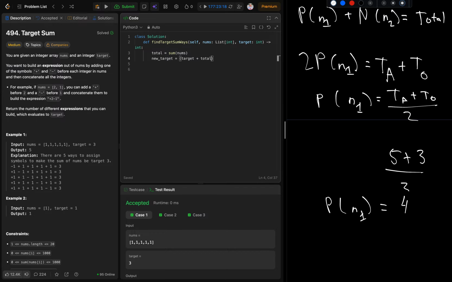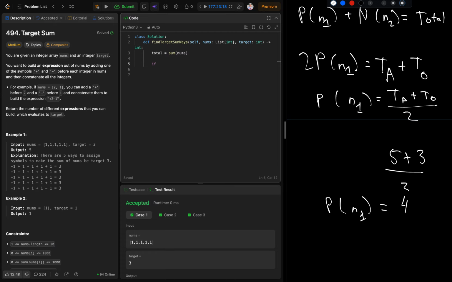Actually, wait. Yeah, you have to check that it is divisible by 2, because if it's not, that means that there's no such ways to pick this subset. So you just return -1. Well, you don't return -1. You return 0 because it's impossible.